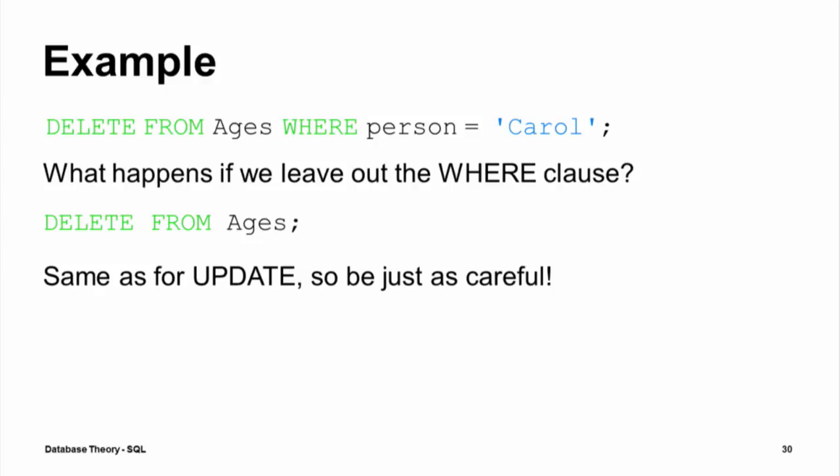And then the next warning. If you omit that where clause, then you are actually emptying that table. The table itself is not gone. You need to drop it, but its content is gone.